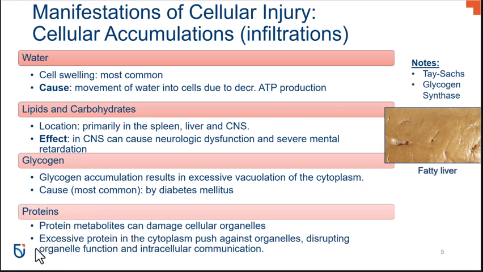Another way is that excessive amounts of protein in the cytoplasm take up room and push against cellular organelles, disrupting the normal function of other organelles when they accumulate in the cell. So they just take up space, and that can prevent normal communication within the cell.